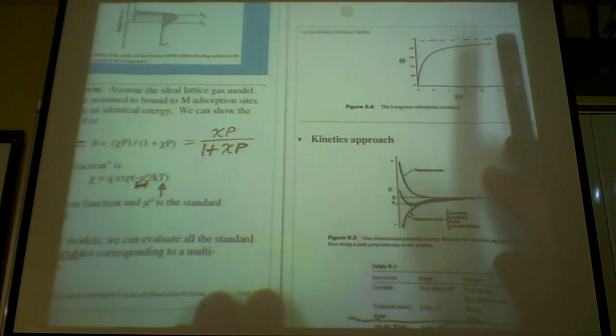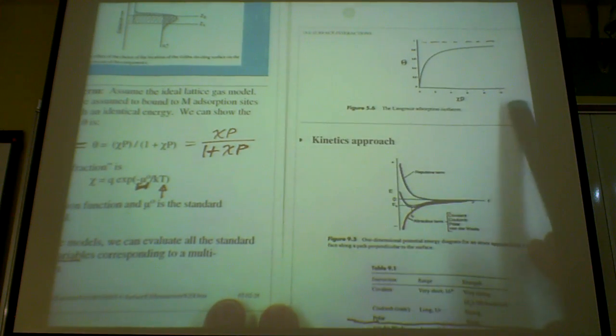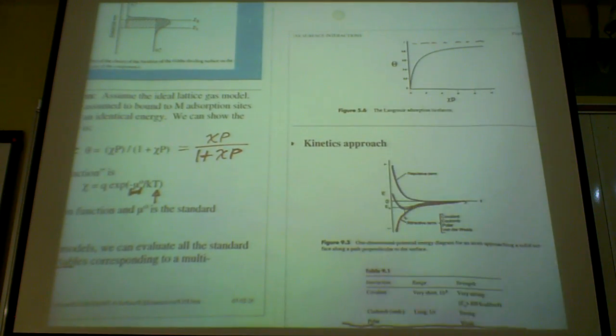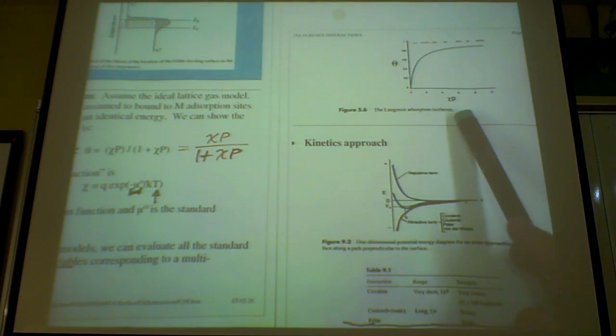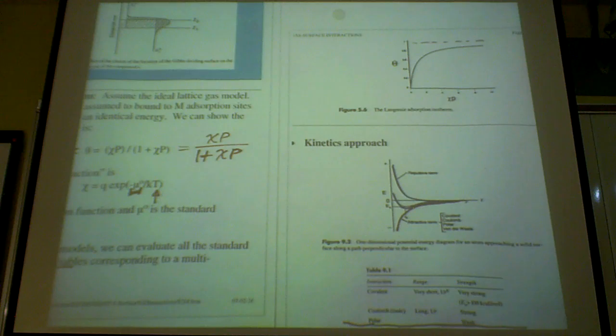This is the first approximation that people use. It can also be related to biochemistry, to enzyme kinetics, and so forth. So whenever you see an adsorption isotherm-like picture, you think of Langmuir adsorption. This is the first approximation that we have.